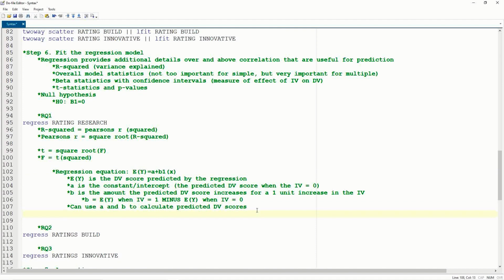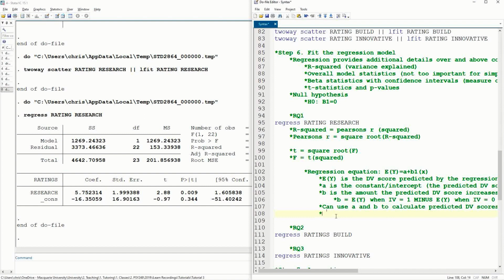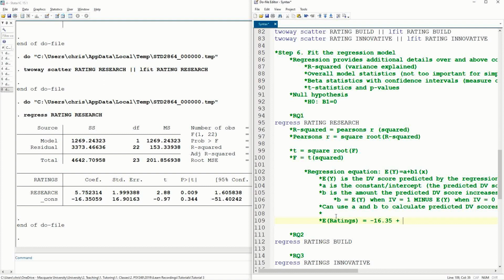So if I put in numbers from our analysis, the formula I would come up with is: the expected ratings equals negative 16.35 plus my beta for research, or my coefficient for research, which is 5.75, times whatever research score I want.